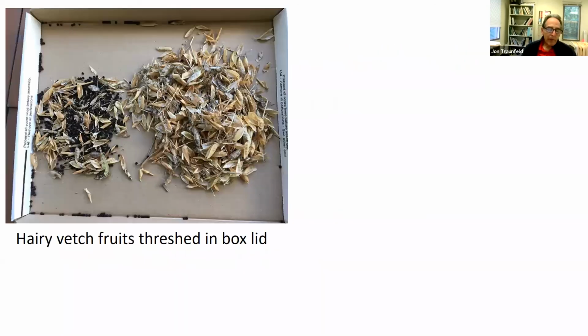So here's an example. I grow hairy vetch in my garden as a cover crop, and a bunch of the plants end up growing on my fence on one side of my garden. So it's really easy for me midsummer to pull those fruits off and save them.